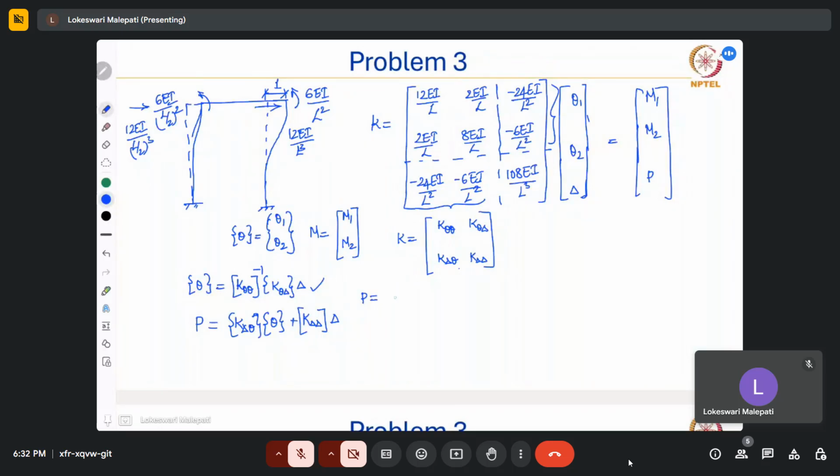P is equal to k delta theta, and theta is k theta theta inverse k theta delta.